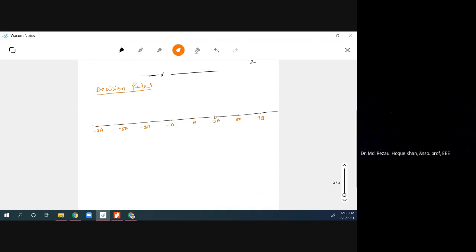Between A and minus A, this is the boundary, the 0 value.